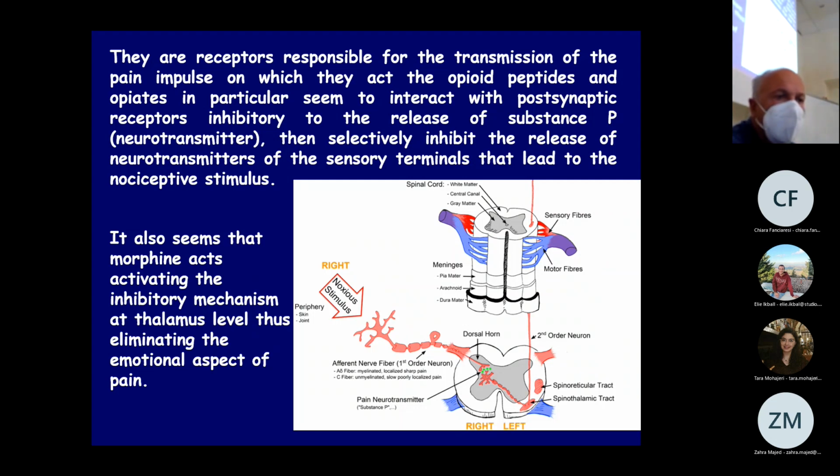Once again, you can see the whole pathway of the pain information. Once again, you see the noxious stimulus. You see the first order neuron, which is able to transmit the information to the spinal cord, where there is the first synapse, and then we have the second order neuron responsible for the transmission inside the CNS, the brain.